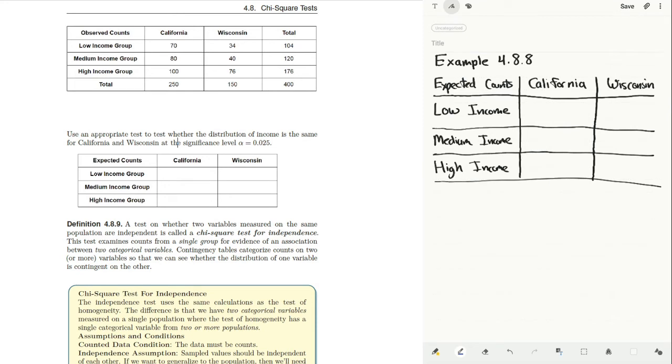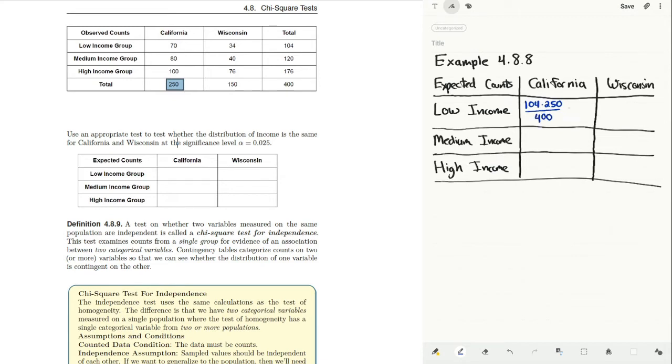So to find the expected counts for the low income group in California, we look at the row total, which is 104, and the column total, which is 250. So we multiply both of these values, and then we divide this by the grand total, which is 400.